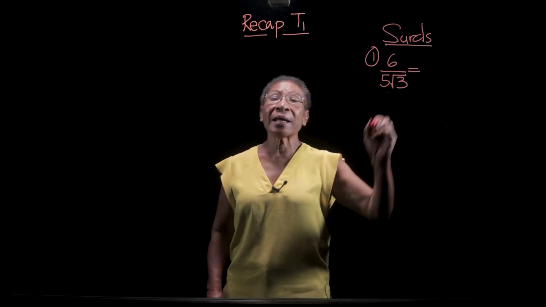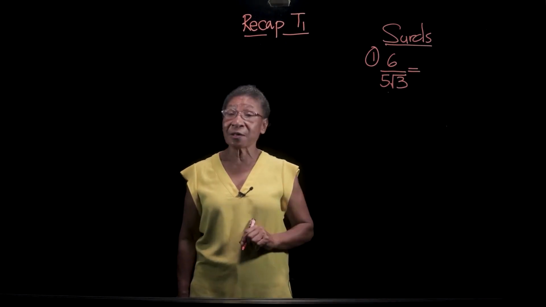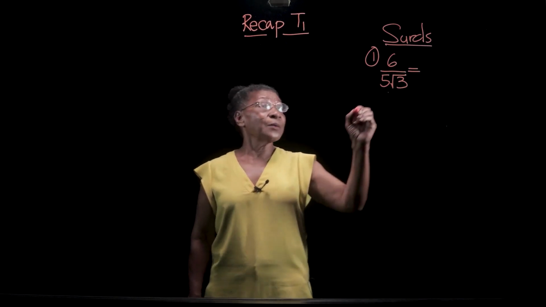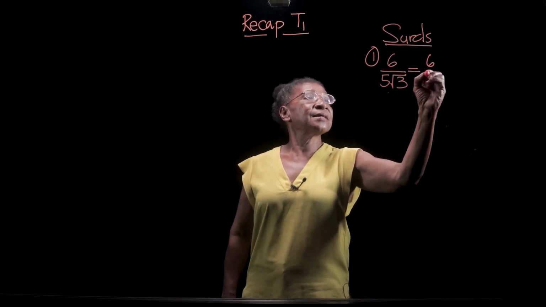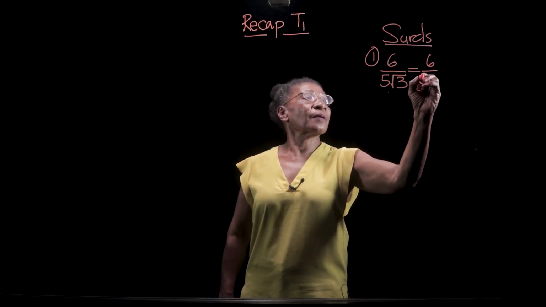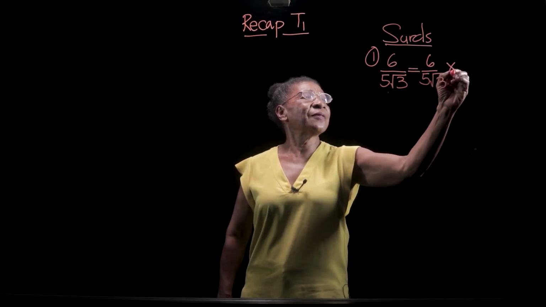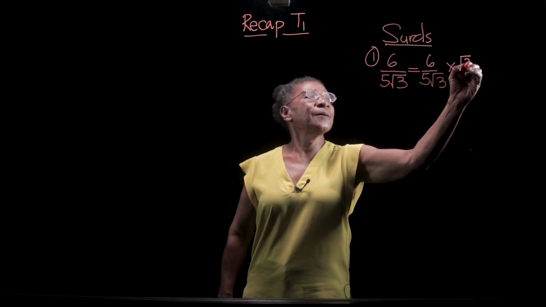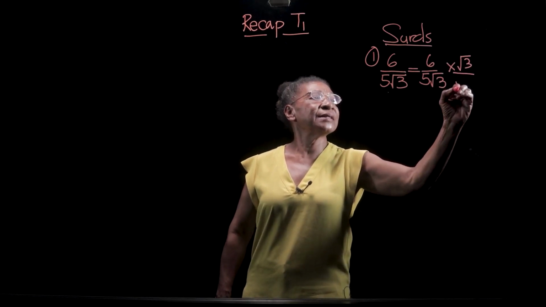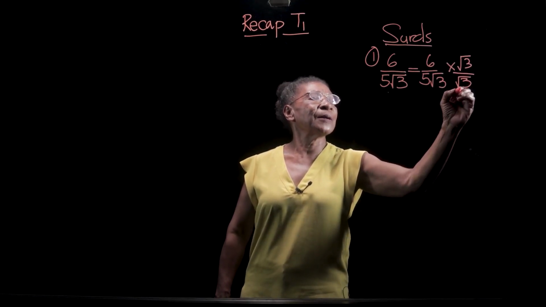We will simplify and apply the properties of surds rule. That would give us 6 over 5 root 3, and we multiply that by root 3 over a denominator of root 3.